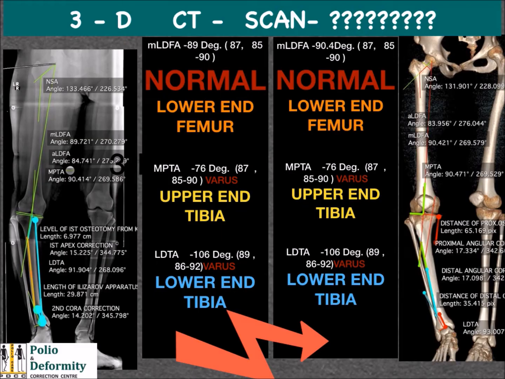by doing 3D CT scan, and to my surprise, we reduced one osteotomy, which means instead of 3 osteotomies to correct the deformity, now we will do only 2 osteotomies, that too only single bone, tibia upper end and lower end, and we have omitted the lower end of the femur.